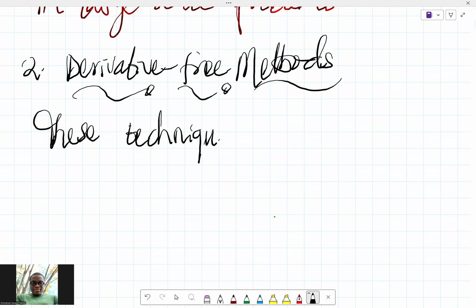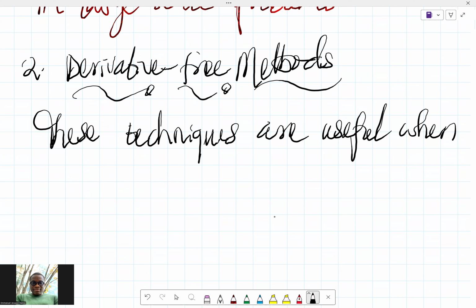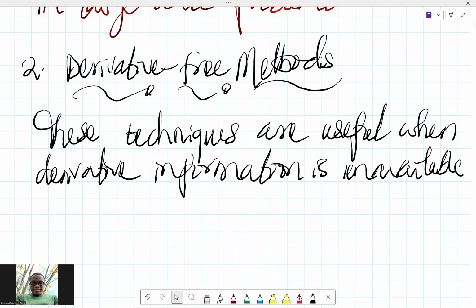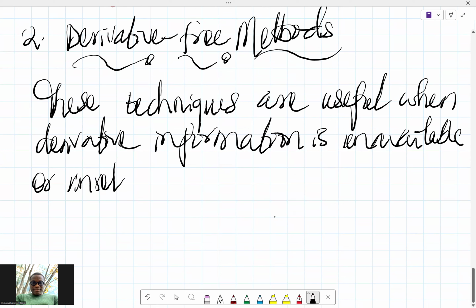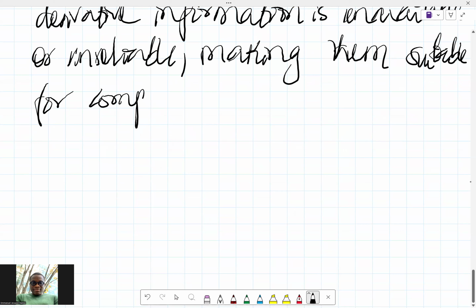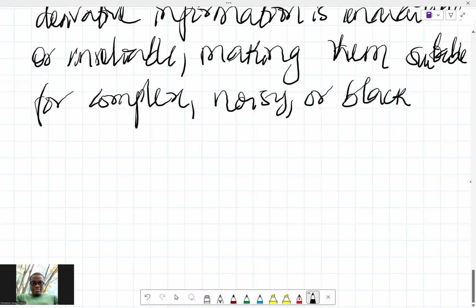These techniques are useful when derivative information is unavailable or unreliable, making them suitable for complex, noisy, or black box functions.